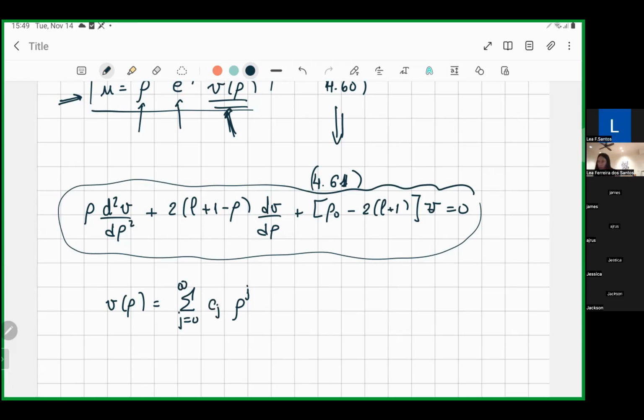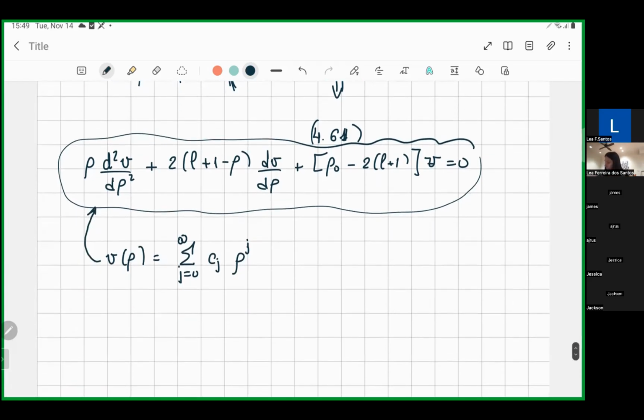As we said, a series can represent exponential, cosine, sines. There are many functions that can be represented as a series like that. So I'm going to write it like this and put it back into this equation. We did that, and by doing this we find an equation for those constants, which are the unknowns in this story now.